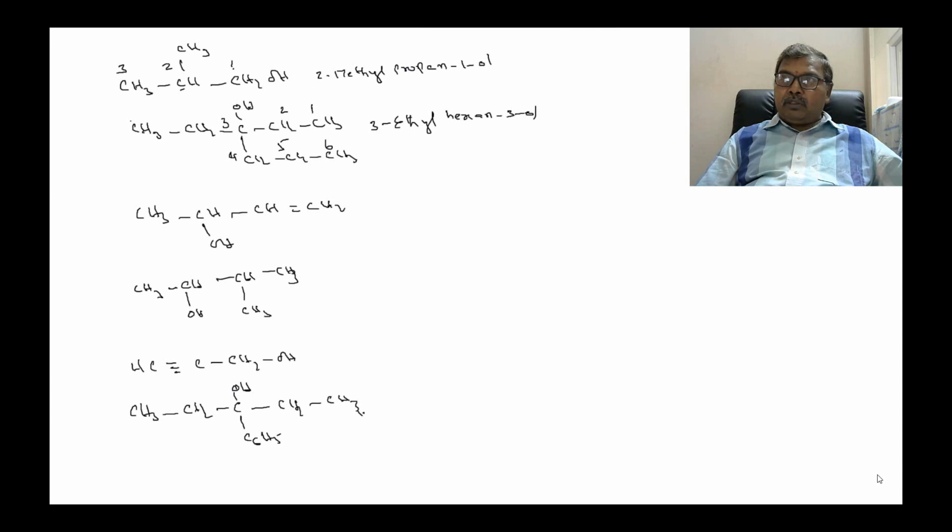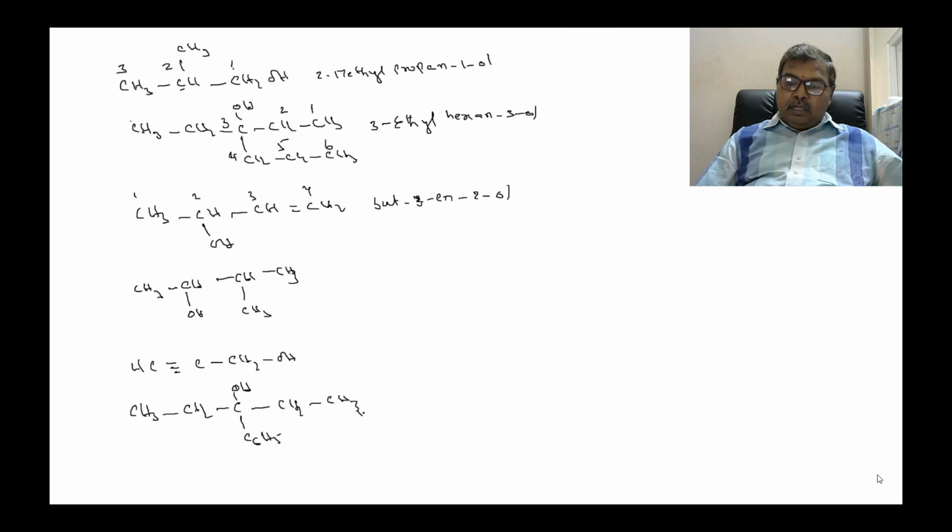Double bond and OH groups are there, but we have to give preference to the OH group only. So 1, 2, 3, 4. Therefore, it is but-3-en-2-ol.